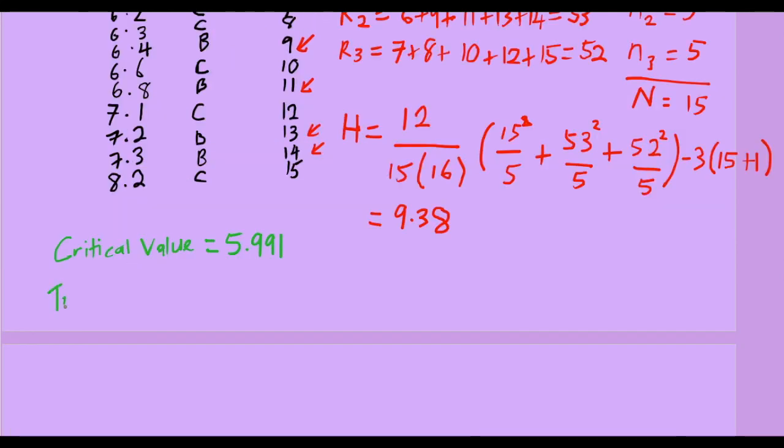Our test statistic is 9.38. So is this greater than the critical value, which is 5.991? Right, so this is true. That means we would reject the null hypothesis.